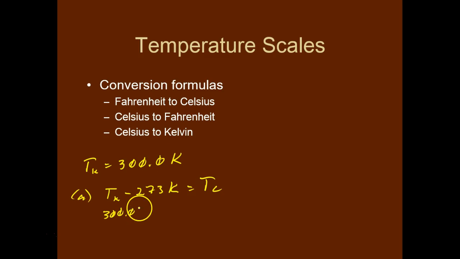I don't know why they put a 0.0 there, so that's not really necessary. What do you get? 27. A little louder. 27 degrees Celsius. That sounds like it makes sense, because your scale for Celsius is always way less than the scale for Kelvin. Because Kelvin, 0 is way down there. Celsius is up here. Okay?